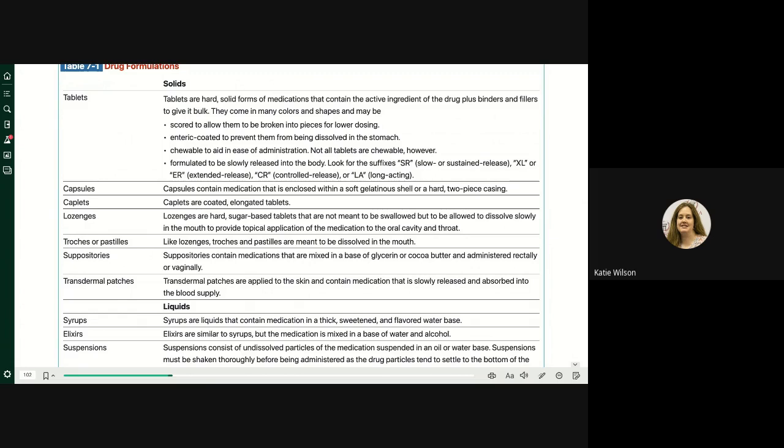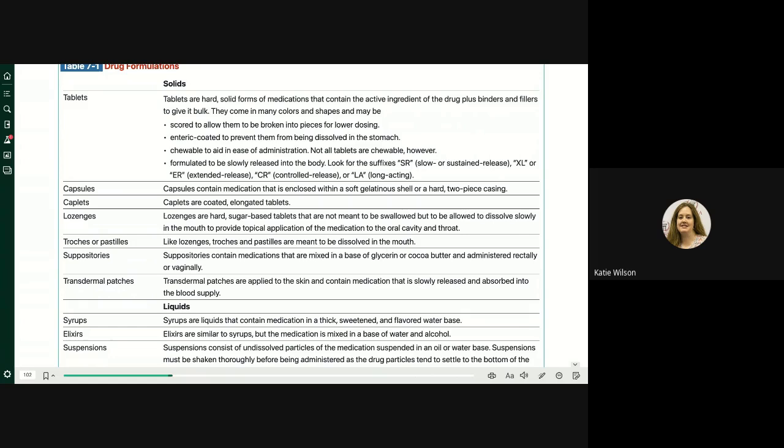And we might see SR, XL, ER, CR, LA, and those are formulated to be slowly released over time into the body. We might see chewable ones. We might see enteric coated, like the ibuprofen we talked about earlier. Most ibuprofen is enteric coated. It's got a coating around it to prevent it from being dissolved in the stomach and causing stomach irritation.